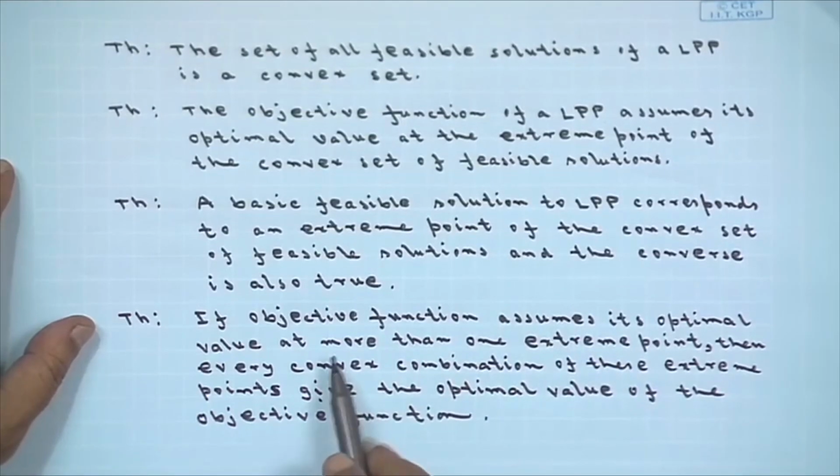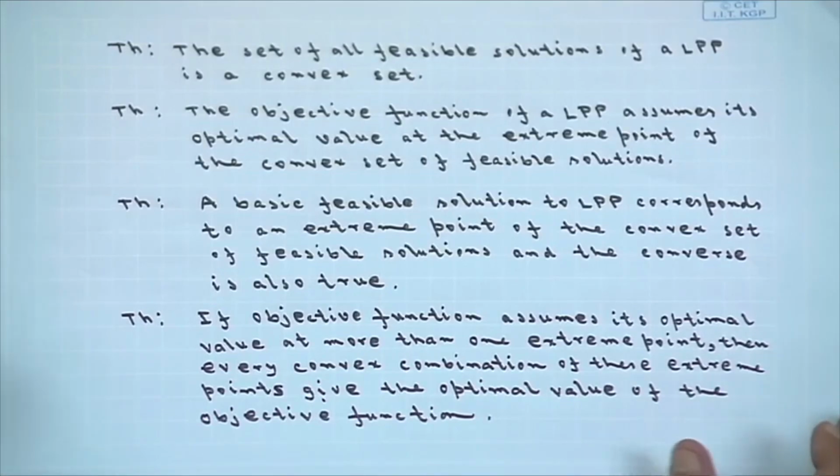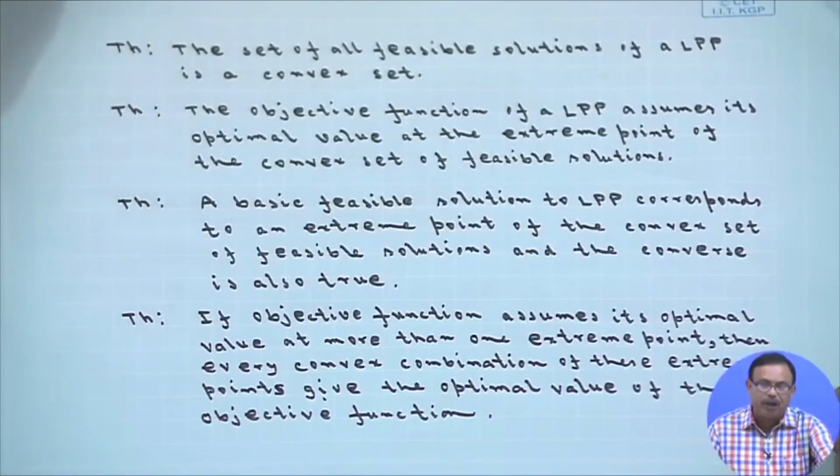The last theorem says if the objective function assumes its optimum value at more than one extreme point, then every convex combination of these extreme points gives the optimum value. We are saying that every convex combination of these extreme points also gives the optimum value of the objective function.